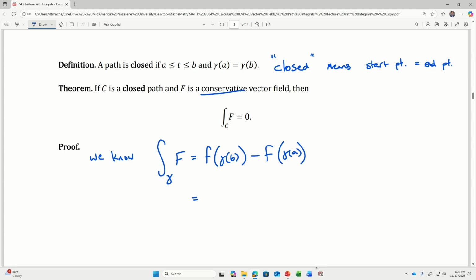And if we're saying this is a closed path so that the end point is the start point, well, then this is the same thing, right?